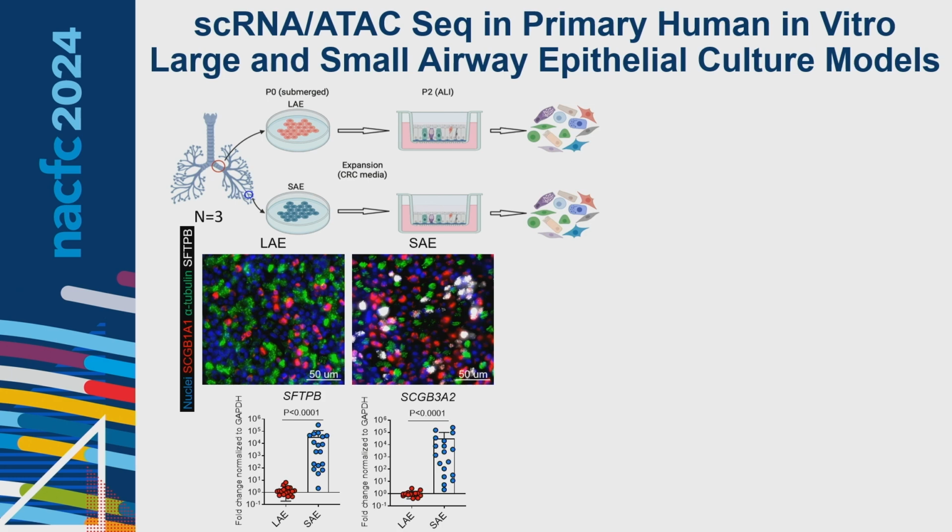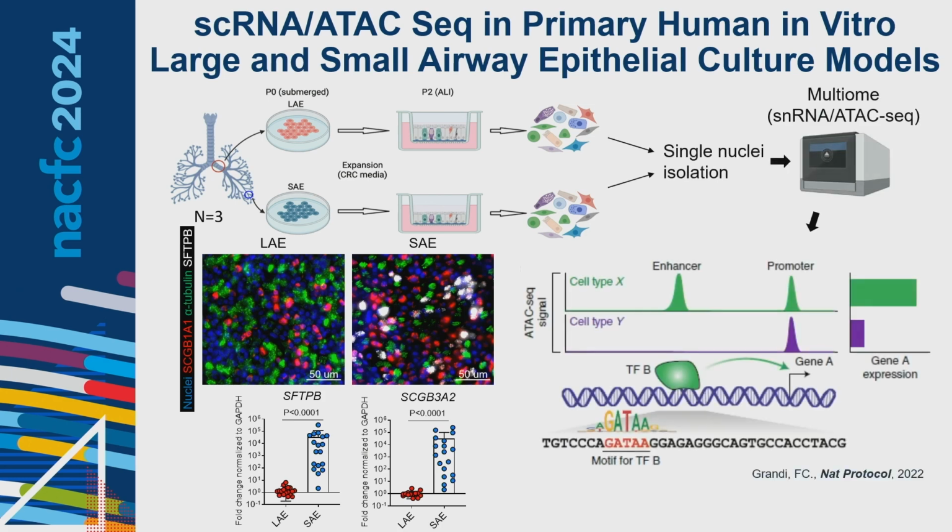Next, we performed a single nuclei ATAC sequence. This assay uses an enzyme transposase Tn5 that identifies global chromatin accessibility on a single cell level. For instance, this ATAC signal plot shows that the enhancer is available for cell type X, but it isn't for cell type Y. This data was then integrated with existing single cell RNA sequence data to further subcluster our cell types.